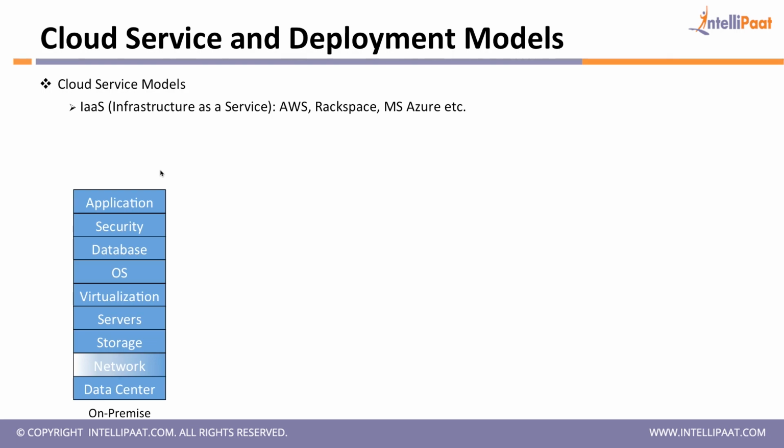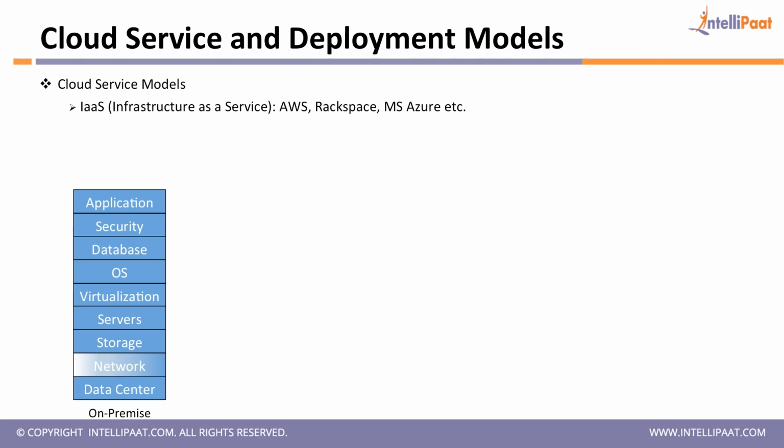So what is this infrastructure as a service? First of all, what is infrastructure? If you see this diagram, this is our data center. Network is a physical entity, right? We get routers, we create subnets, we do wiring and so on. Then we create a network. Inside of this network, we have storage.